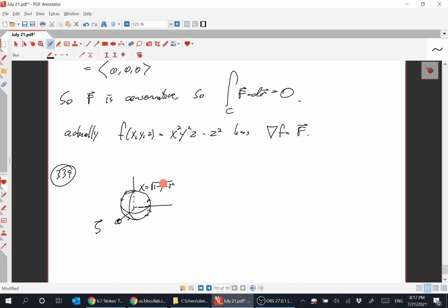But again, because we're using the curl, Stokes' theorem applies. If we weren't talking about the curl, Stokes' theorem doesn't apply at all. If I'm just given some vector field f and asked to calculate the flux of f across this half sphere, can I exchange the half sphere for the disk?